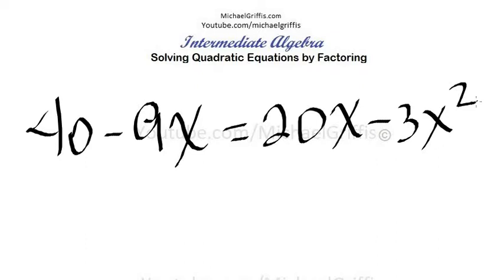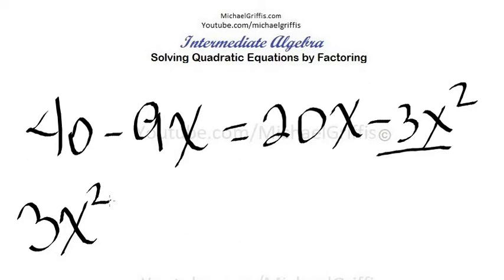Remember what that is. Now, because we have a coefficient of -3, even though it says minus 3x squared, we're going to add 3x squared to both sides, which is going to bring that 3x squared over here on the left-hand side of the equal sign.